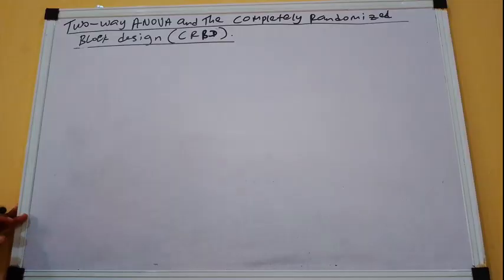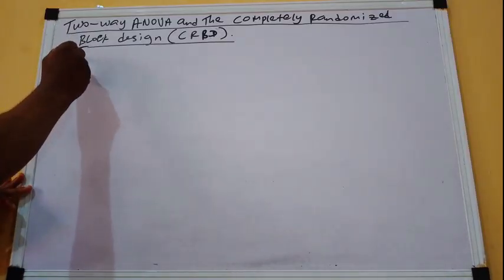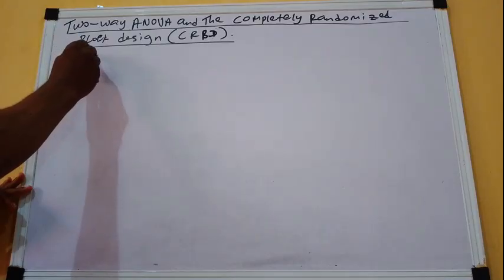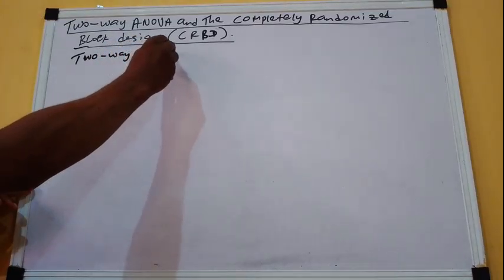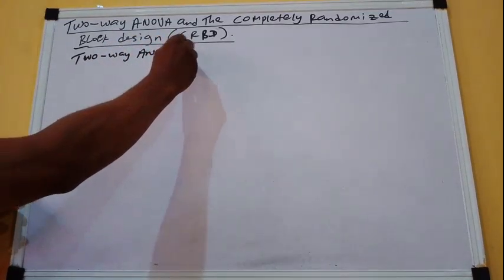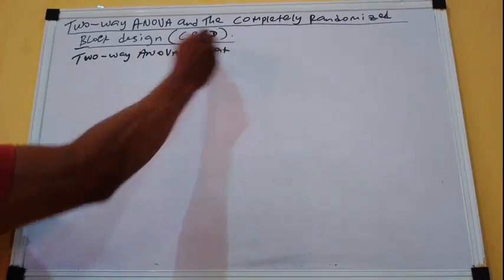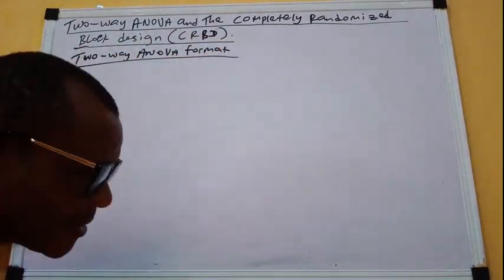Two-way Anova format. So we have the two-way analysis of variance format. It's very, very important we have that.